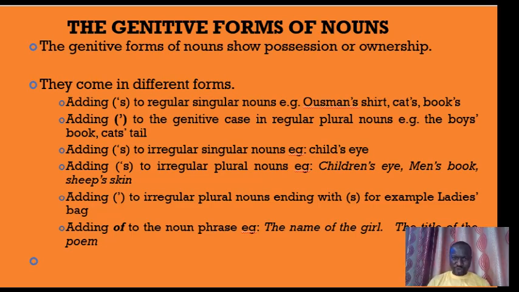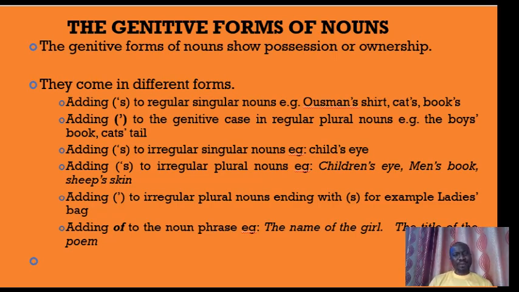Think of adding only an apostrophe to the genitive case in regular plural nouns. You can go back to this video and check the regular and the irregular nouns so that you will be able to apply these rules very well.